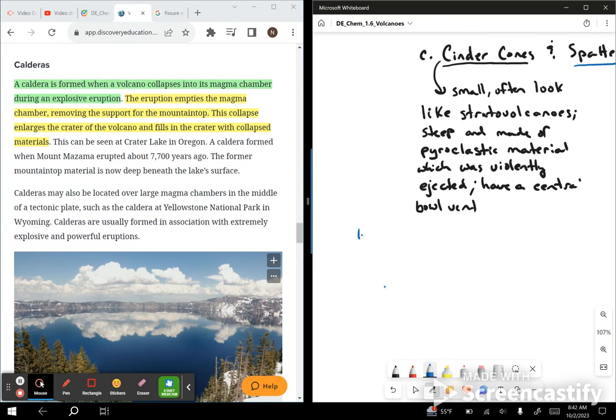Write this in black here. Roman numeral 4. Caldera. Okay, what about them?